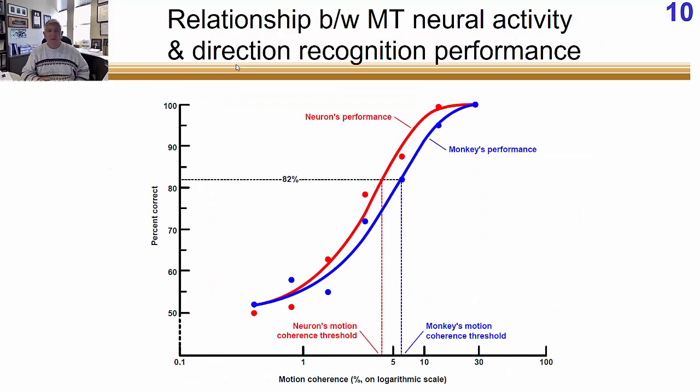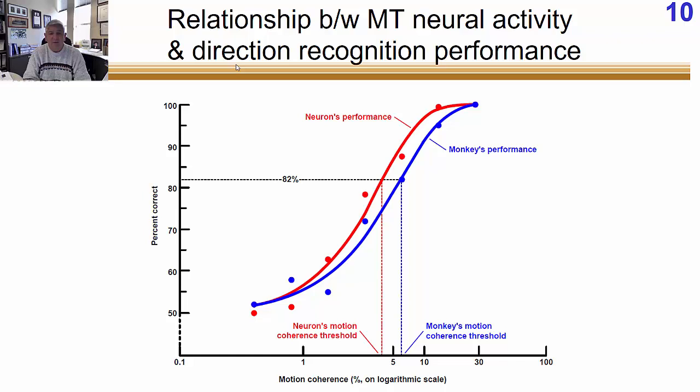And so here, if we look at the blue line, that is the monkey's performance on accurately saying which direction the dots within the randomly correlated dots are moving. The red is showing the firing rate of the neuron.